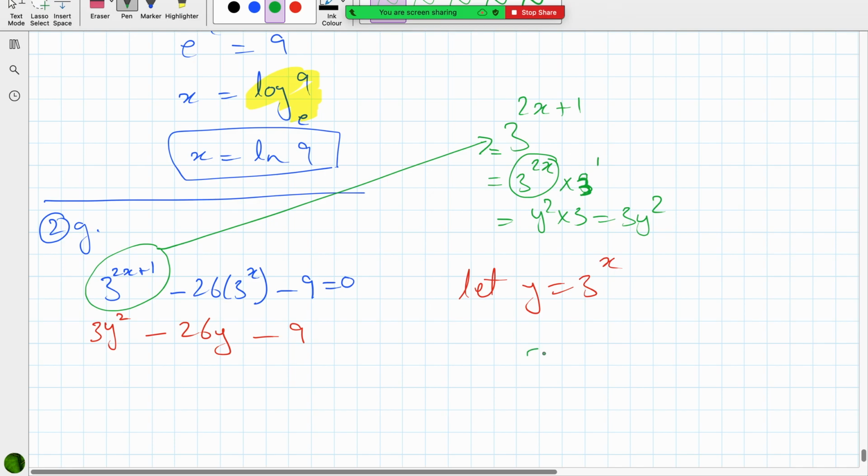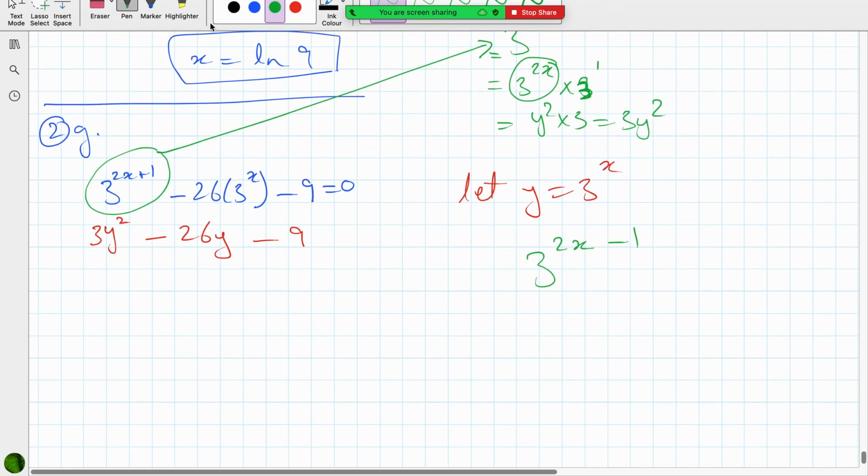If this would have been 3 raised to 2x minus 1, what will we do? We'll write y square over 3. There's no need, you can do it directly. You can go step by step. This depends on your practice. Getting the point?